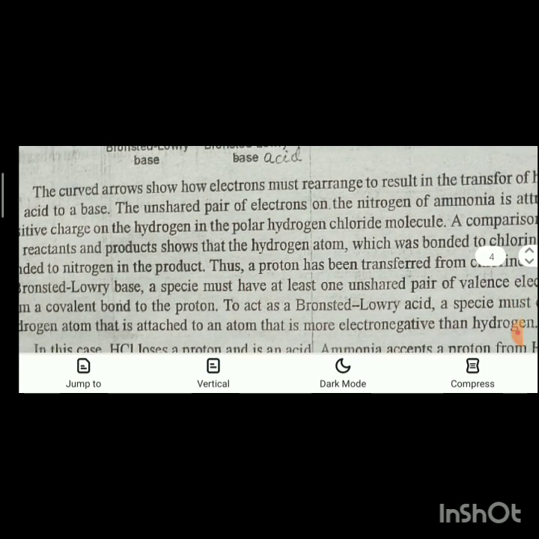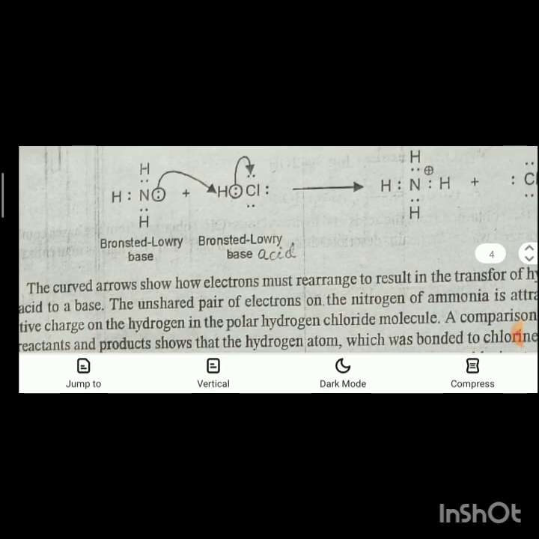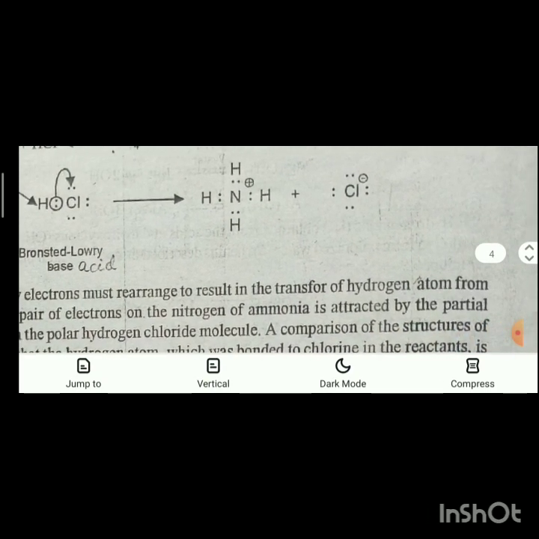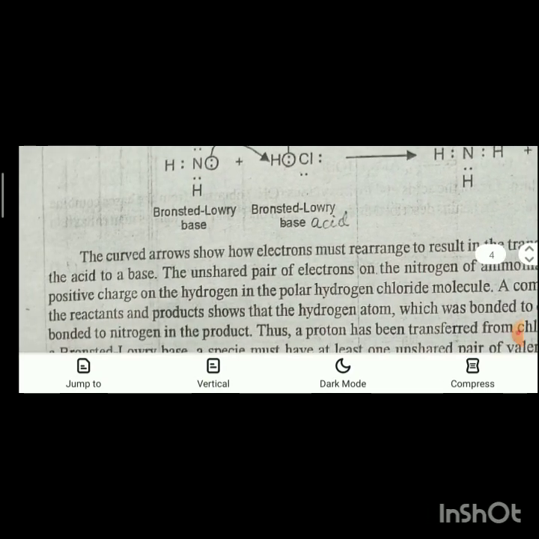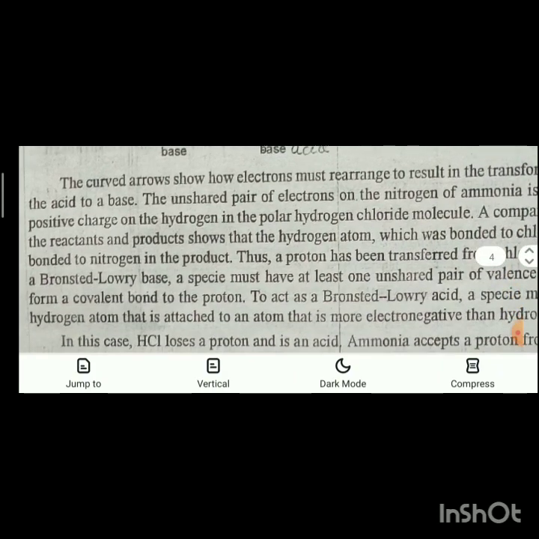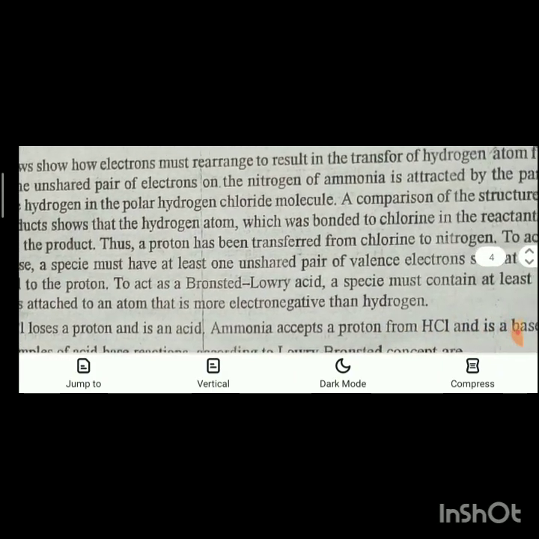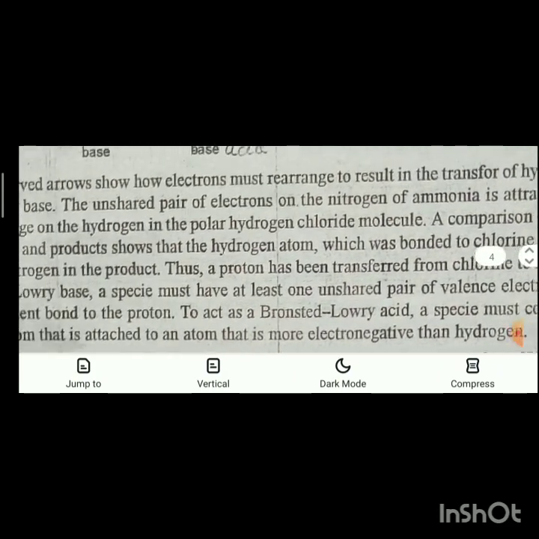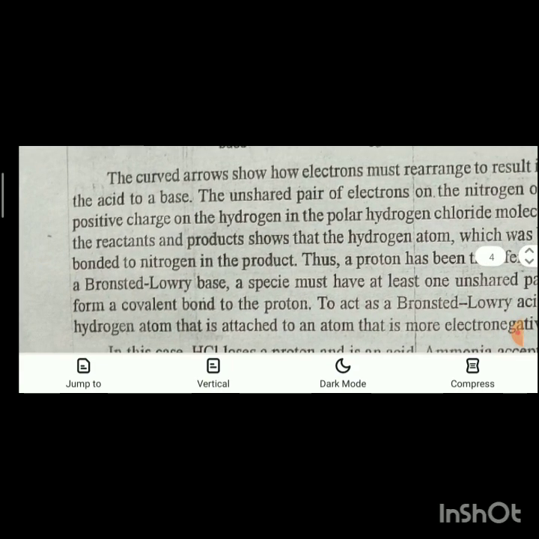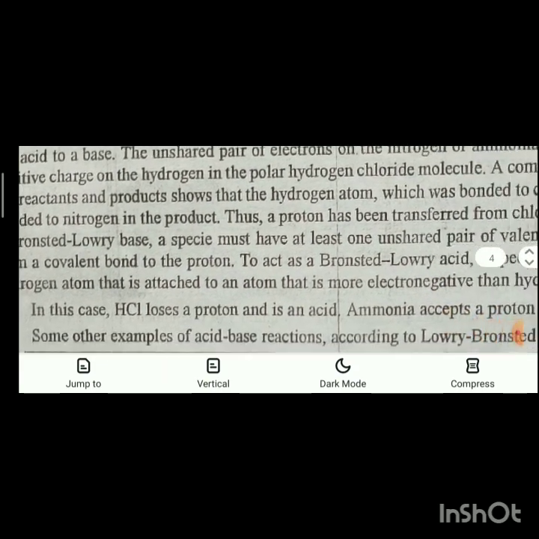The curved arrow shows how electrons must rearrange to result in the transfer of hydrogen atom from the acid to a base. The unshared pair of electrons on the nitrogen of ammonia is attracted by the partial positive charge on the hydrogen in the polar hydrogen chloride molecule.